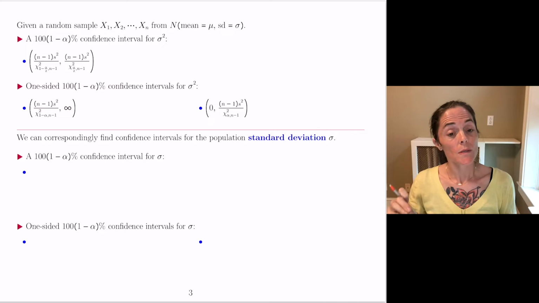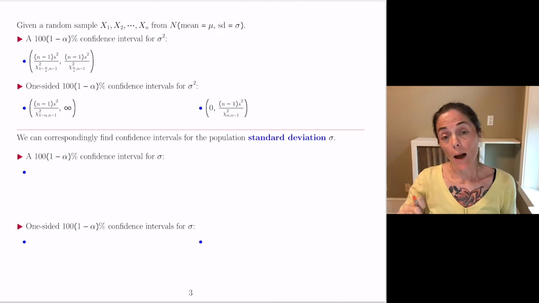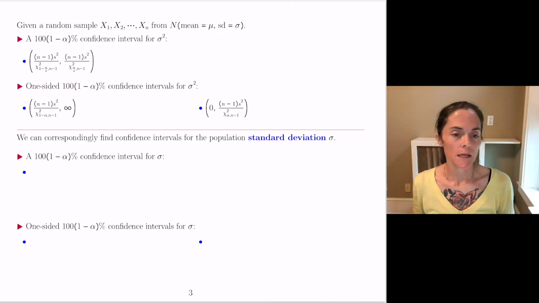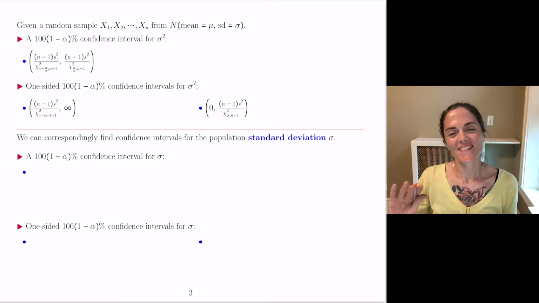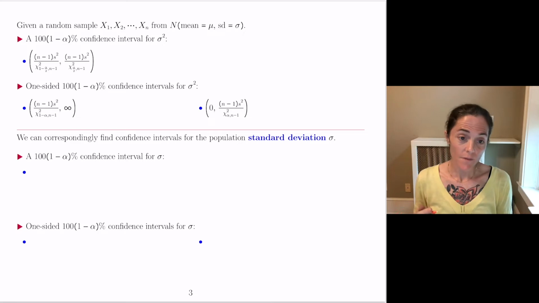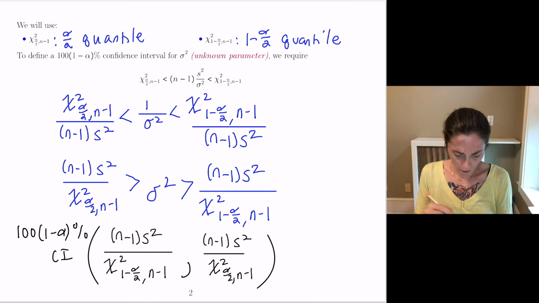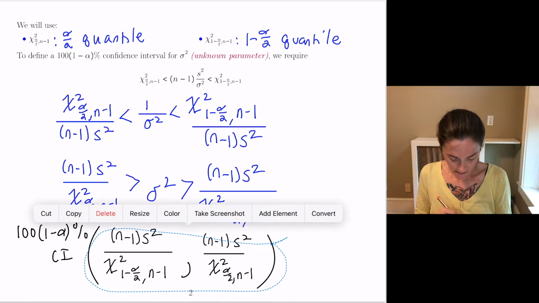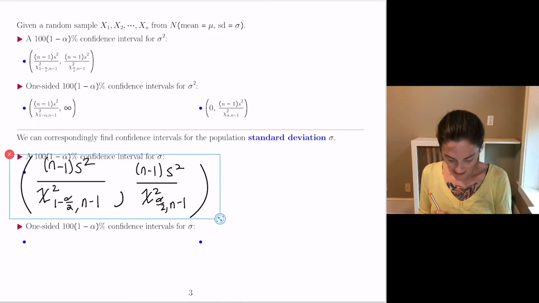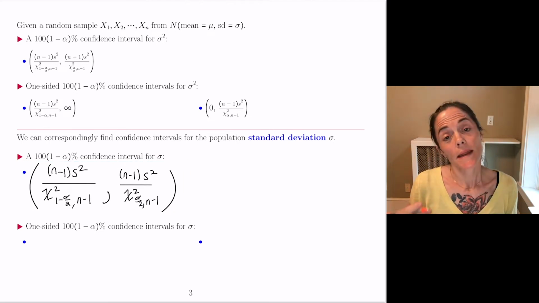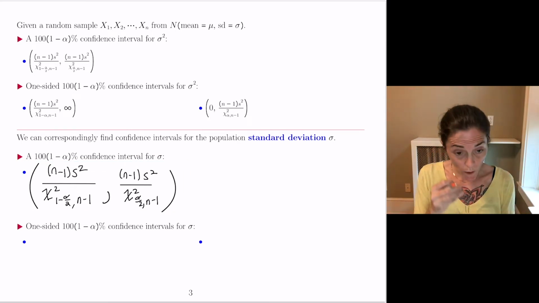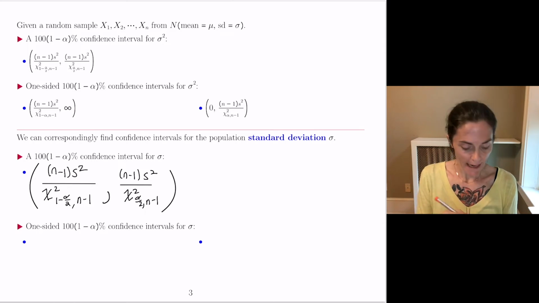Let's suppose I want a confidence interval for the population standard deviation. We know standard deviation is the square root of the variance. And so maybe I will come back here, copy this, and paste, except for my lower limit and upper limit, I need to take the square root of what I'm looking at right now.